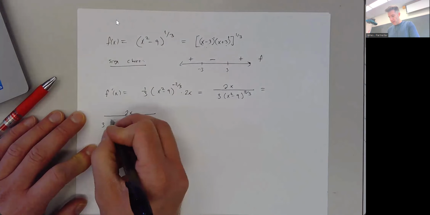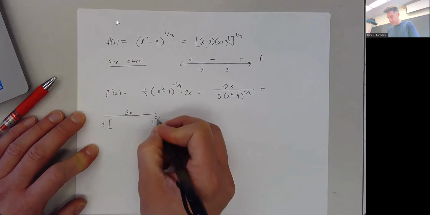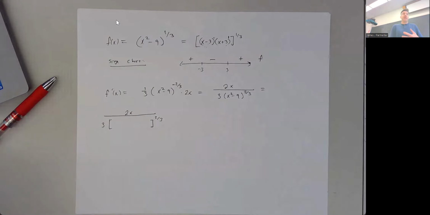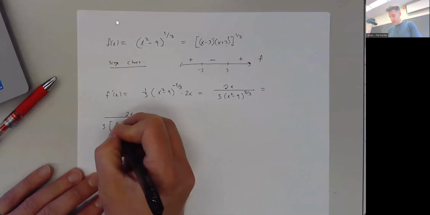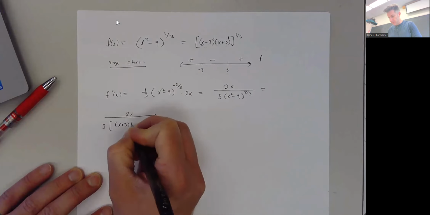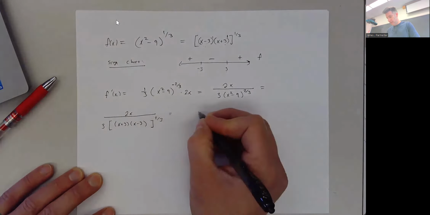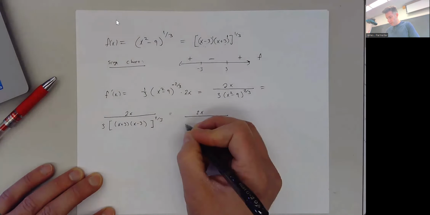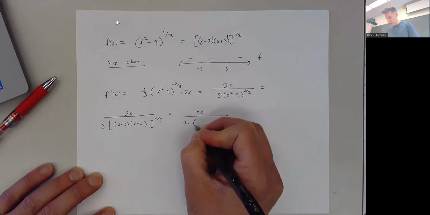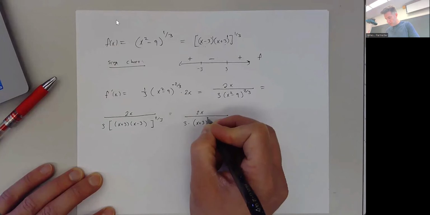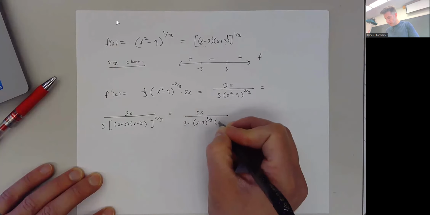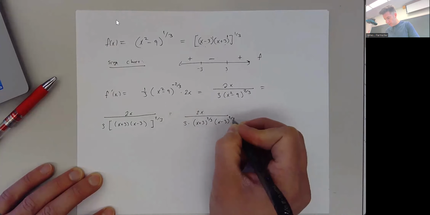So inside that 2/3 power, x squared minus 9 is going to factor the same as it did before. X plus 3 times x minus 3. But then each of those things is raised to the 2/3 power. So I would actually write this as 2x over 3 times x plus 3 to the 2/3 times x minus 3 to the 2/3.